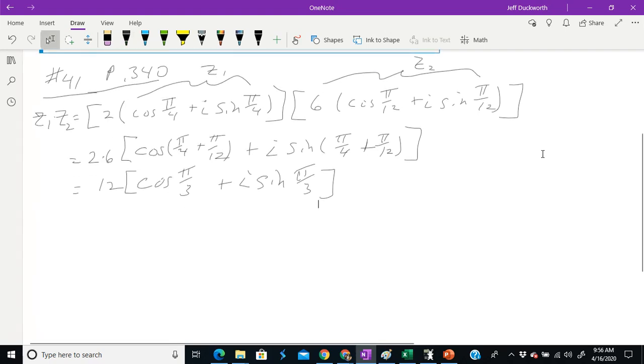So I'll write it down and I'll scroll back up as needed. So we're going to do a Z1 over Z2, but not for this one. Let's do problem number 47. And they give us this.